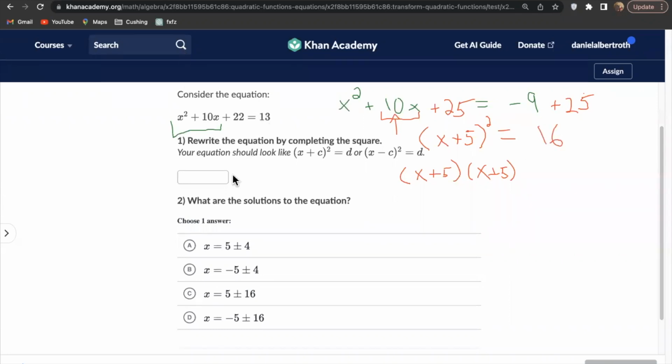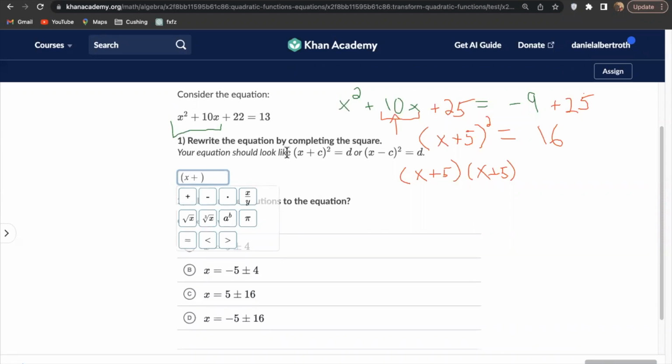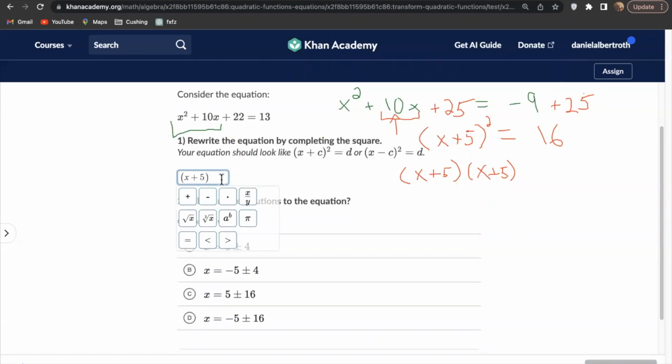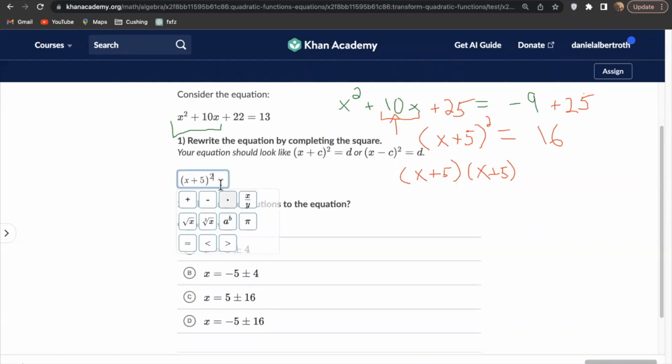I think that's a good form because it looks like the first one here, (x plus c) squared equals d. So we'll say (x plus 5) squared equals 16. So I think I like that.